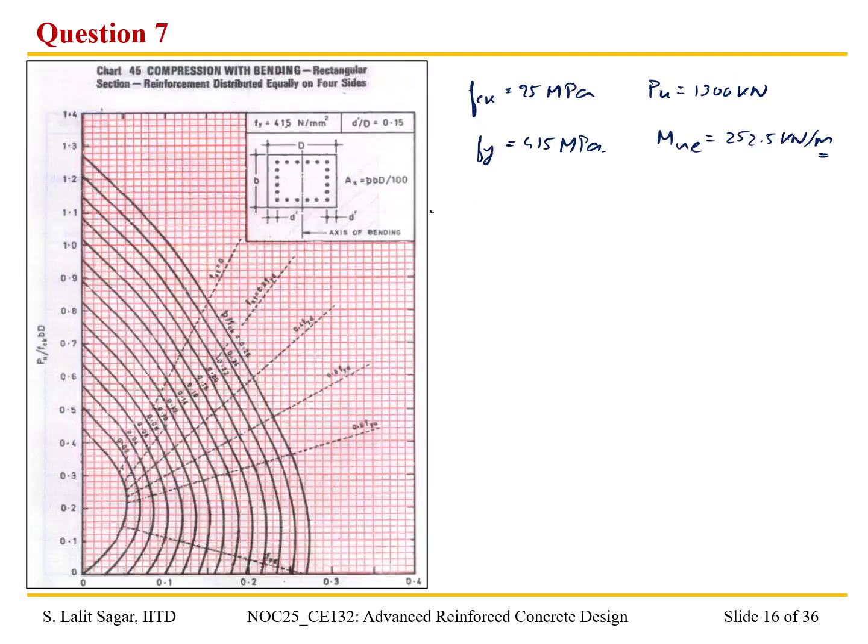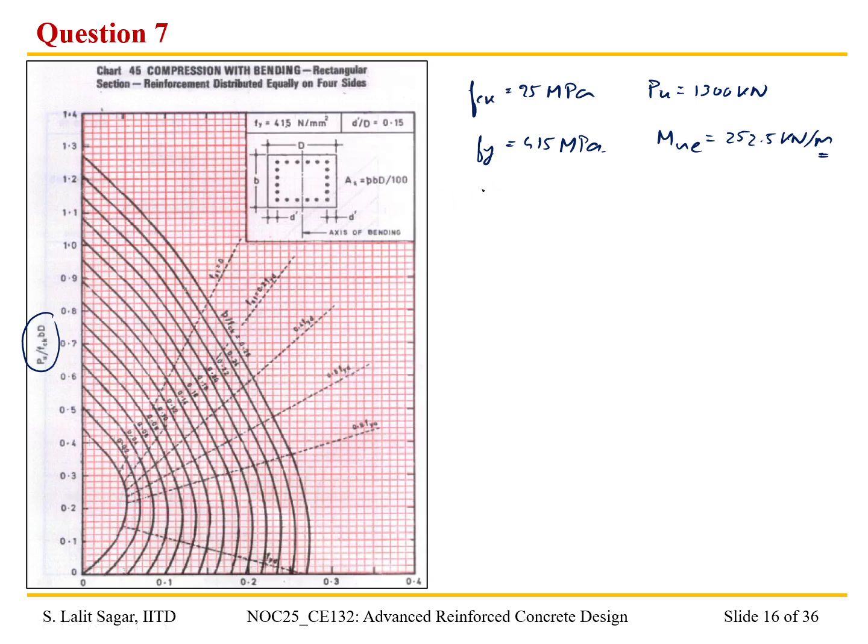So we can actually solve this problem using the help of the charts given in SP16. Let me write down: along the y-axis we have Pu by fck bD, and along the x-axis we have Mu by fck bD square.